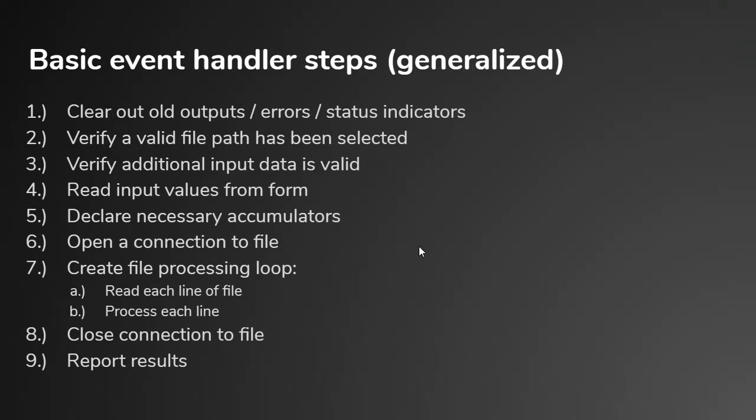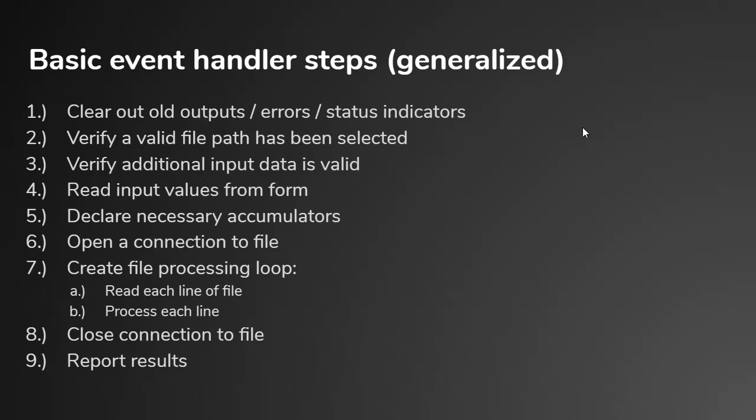Here, I've tried to outline your general event handler steps when you want to process a text file. I try to list the steps in approximately the order you may want to implement each of these components. So first of all, when your event handler is called, I like to clear out all old outputs.